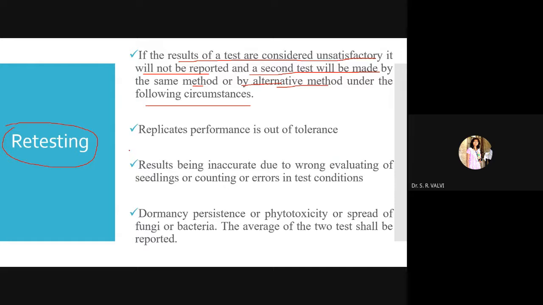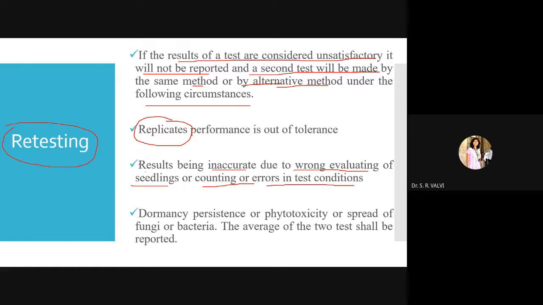Which are those circumstances? The replicates perform out of tolerance, right? Then you have to perform these replicates which are out of tolerance.